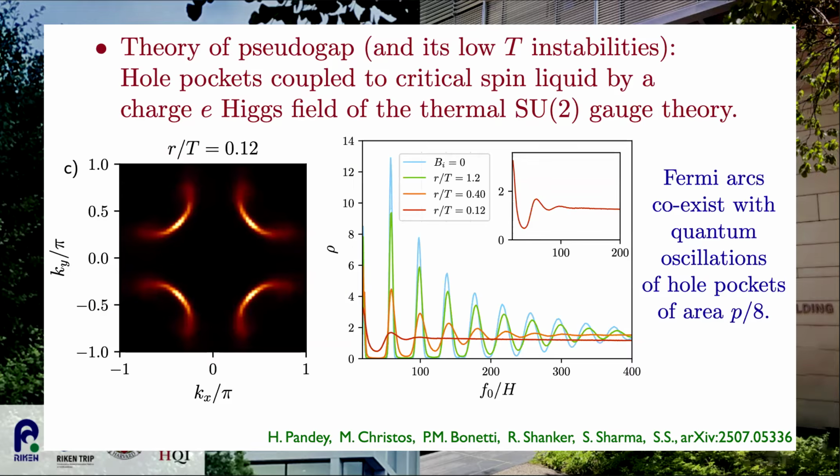You have to do it in really rather big samples. We're talking about fairly small pockets. So there's a set of parameters where you still see the arcs in the photoemission. But if you look at quantum oscillations for this parameter, you see these oscillations very clearly. And the period of these oscillations is precisely the area of p over 8 that you started with in the full pocket.